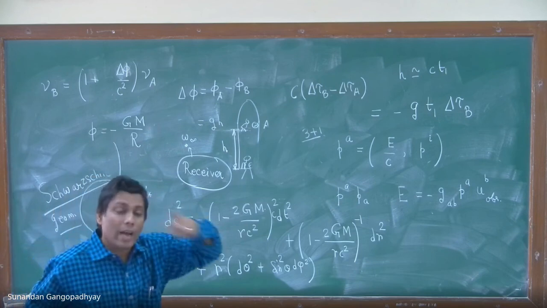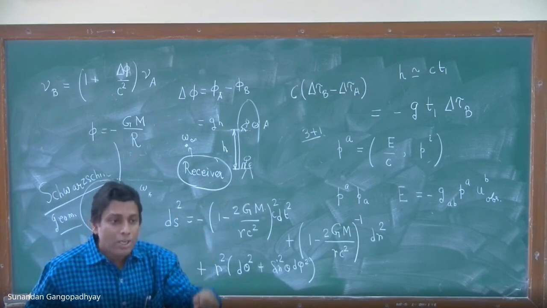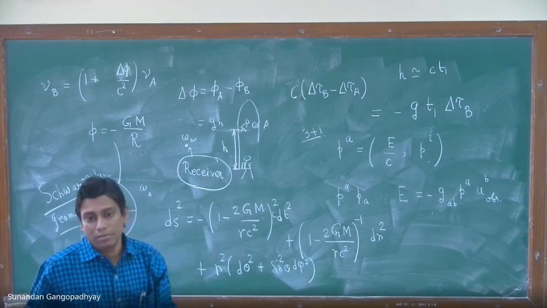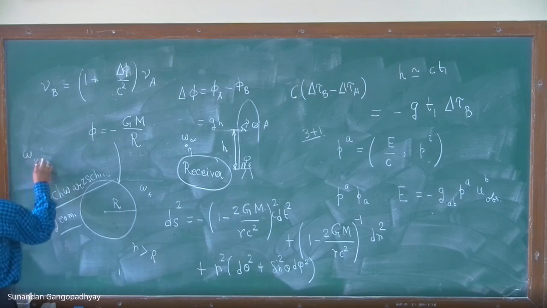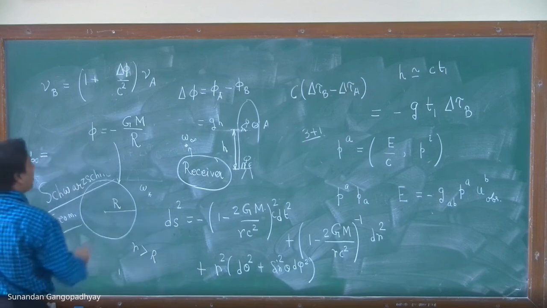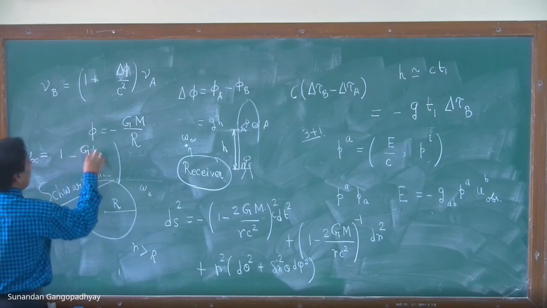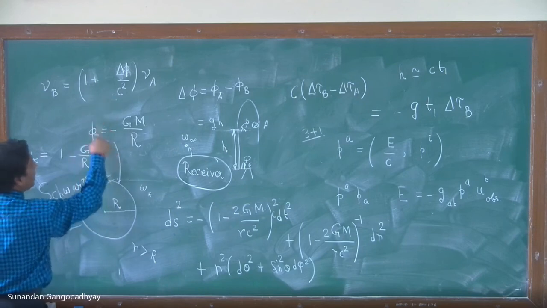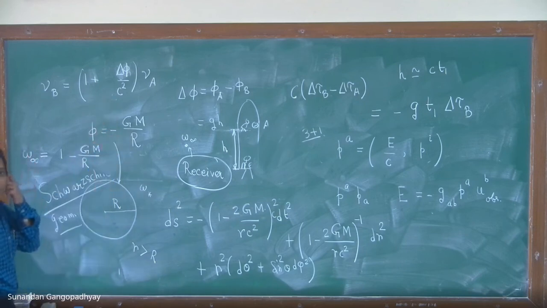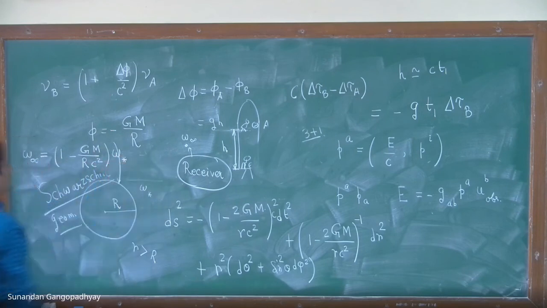What do you expect? The higher potential guy will see the clock of the lower potential guy run slow. So omega infinity will be 1 minus delta phi, that is, 1 minus GM by r c square, times omega star.